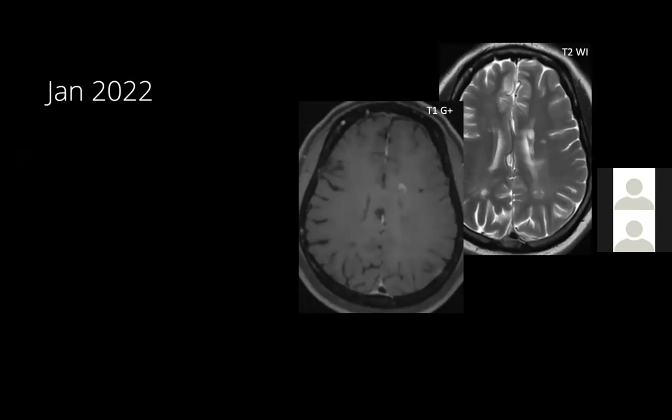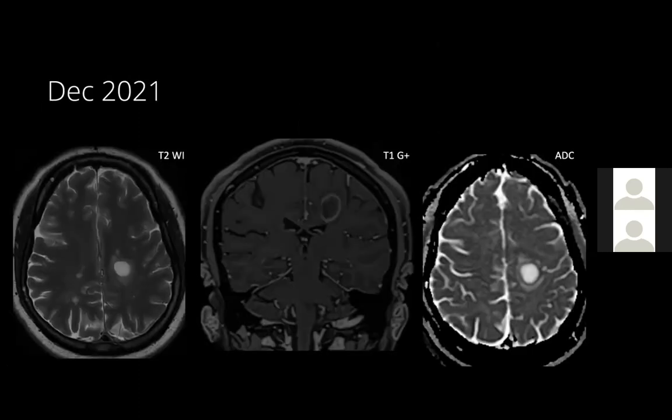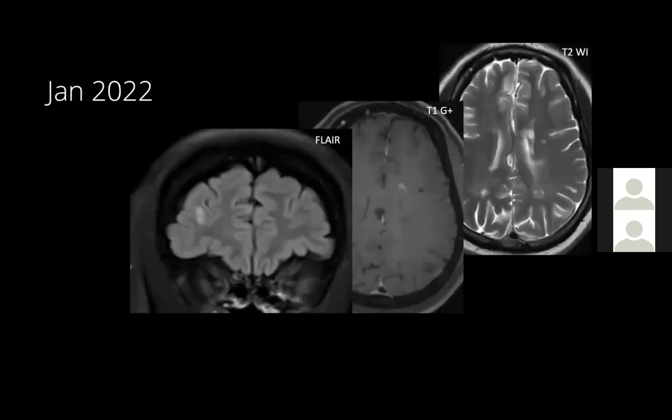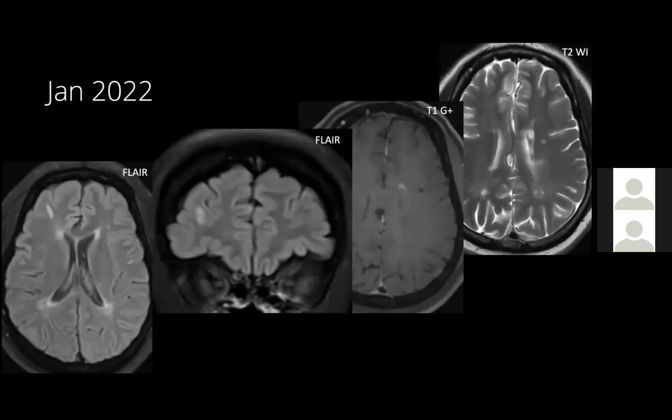Even at the time of the first image, we had a simultaneous presence of T2 lesion as well as enhancing lesion. So dissemination in time criteria has been fulfilled, and dissemination in space criteria has also been fulfilled by lesions in the periventricular white matter and the juxtacortical white matter, such as this lesion in the right frontal lobe.